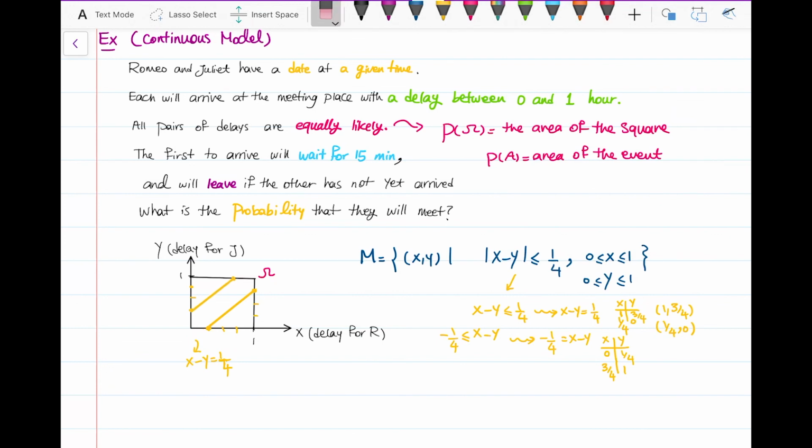Great. And you're gonna check again. So this line in here is x minus y equals negative 1/4. I'm gonna choose one point in here, (1, 0). So 1 minus 0, is it bigger than negative 1/4? Yes. So the area below this line would be the area that I'm looking for.